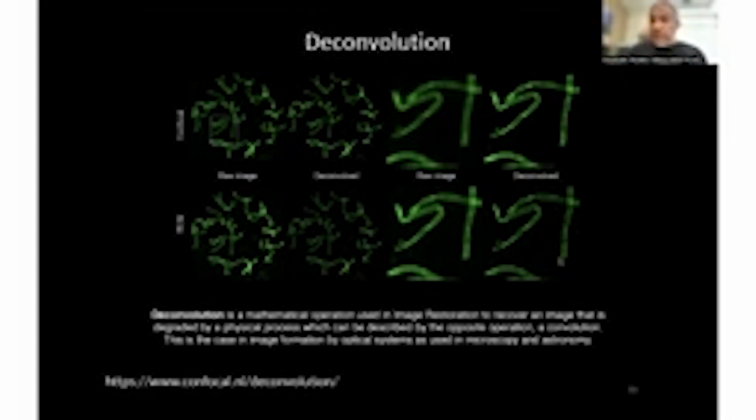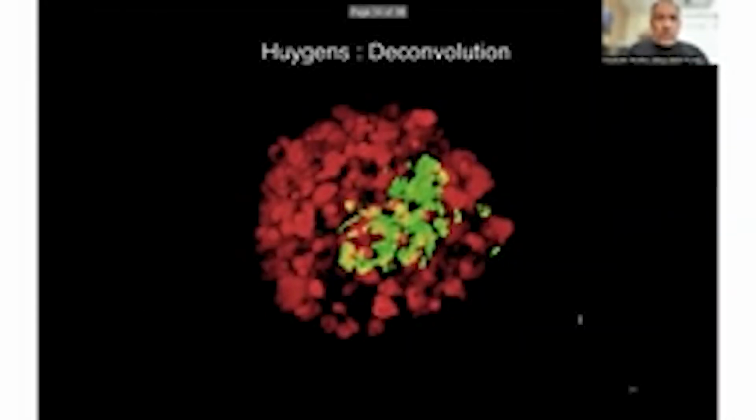In the lab, for example, we use a deconvolution software that's made by this company from Holland called Huygens. And it's an incredibly powerful tool. It allows us to shoot deconvoluted images such as this. This is actually a cell in which the Golgi has undergone restructuring, and it's filled up the entire cell.